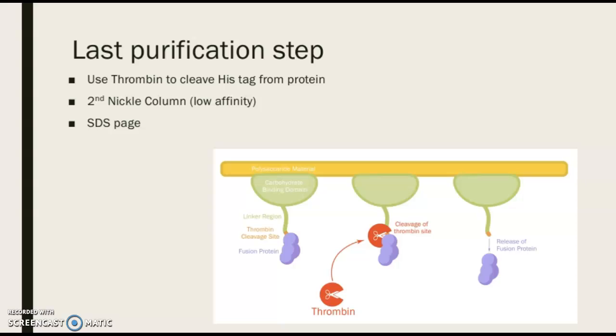This will then go through another nickel column. However, this one has low affinity since we no longer have that His tag that will bind strongly to the nickel. So we're relying on the protein to interact with the nickel column. These will then be saved into fractions, and another SDS-PAGE will be run.